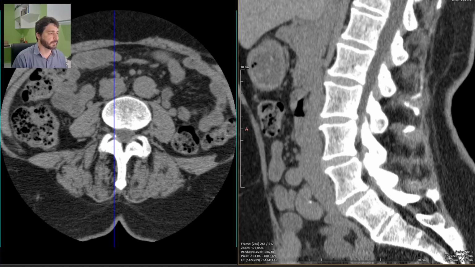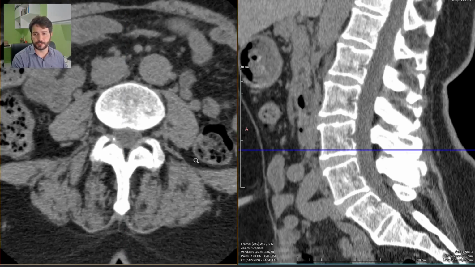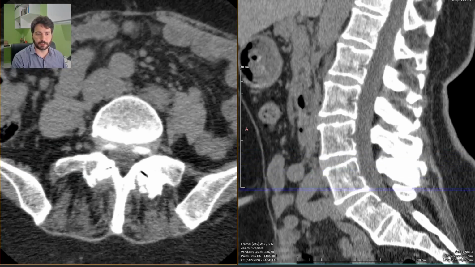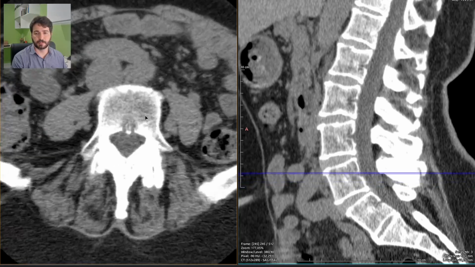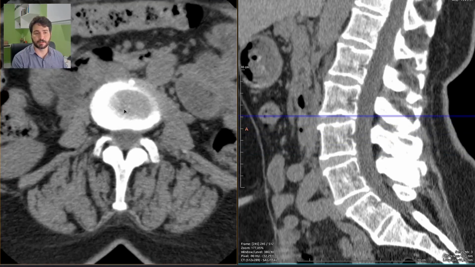Rudimentary disc and there is osteophytes, reduced intersomatic spaces, and a bunch of herniations. There is a herniation right here. There is another herniation right here that goes from neuroforamen to the other side.